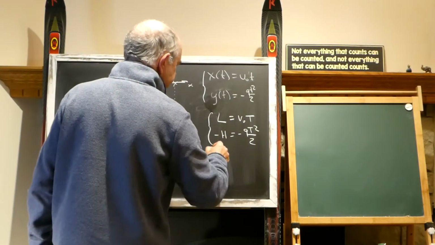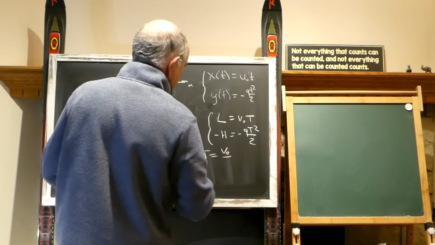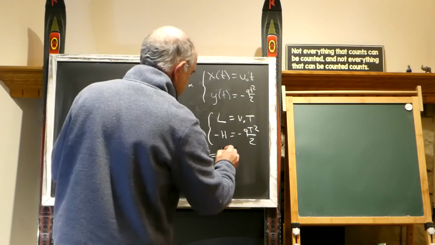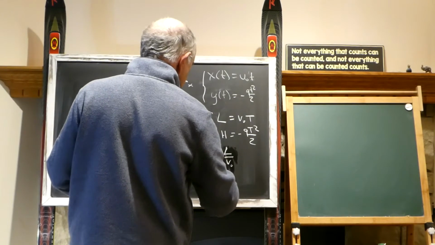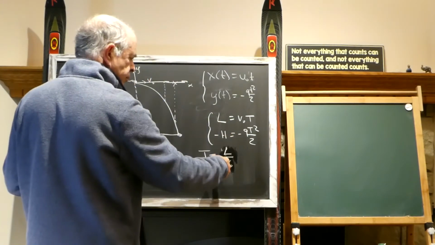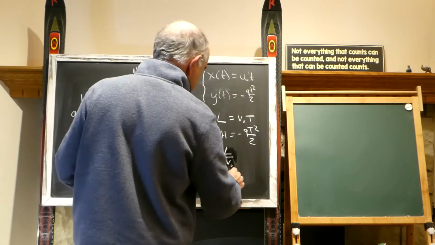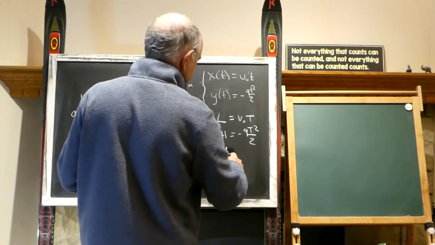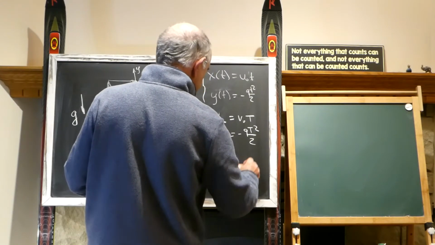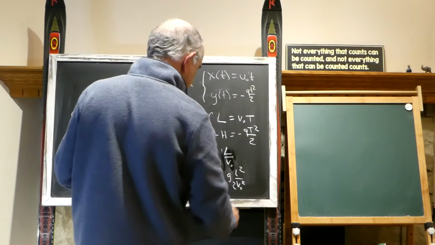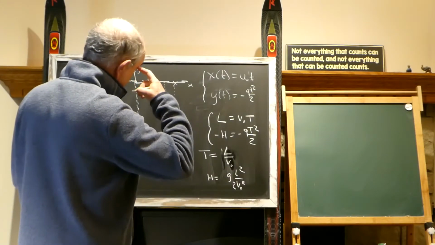We can find t equals L divided by v0, and minus minus is gone, and h equals g, and instead of t I will put this, so it would be L squared divided by v0 squared and 2. So I have h equals this, all right?